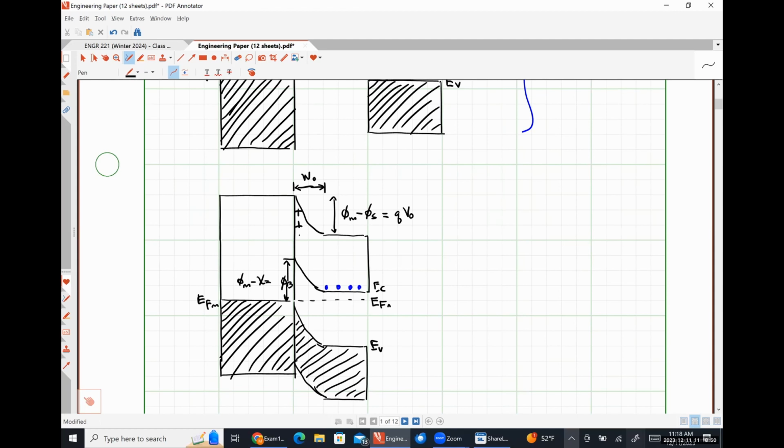So I'm going to put a bunch of plus signs over here to indicate the stored positive charge on the semiconductor side of the junction, and negative signs over here for the stored negative charge, because we're effectively losing electrons into the metal, right? The stored charge develops a built-in potential V naught, which stops diffusion once equilibrium is reached. So it's a very similar process to what we saw in PN junctions.